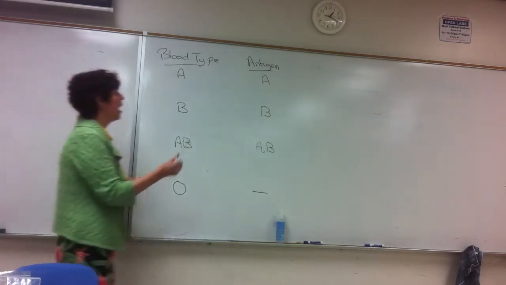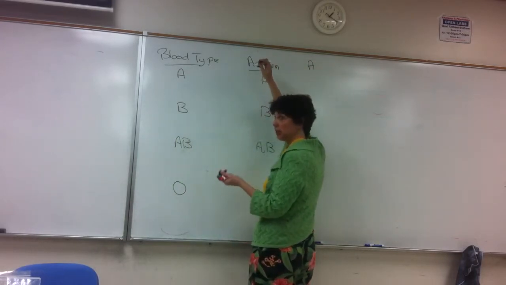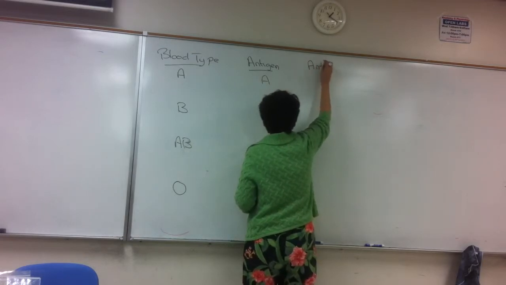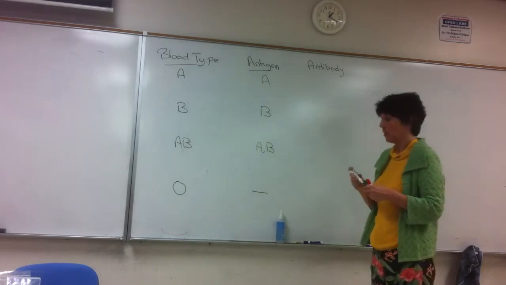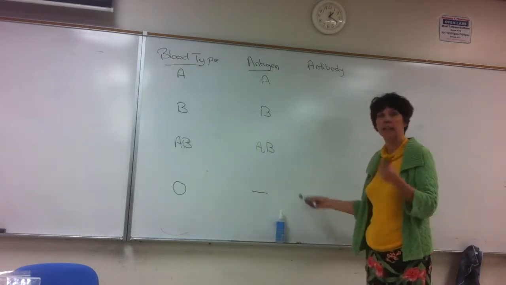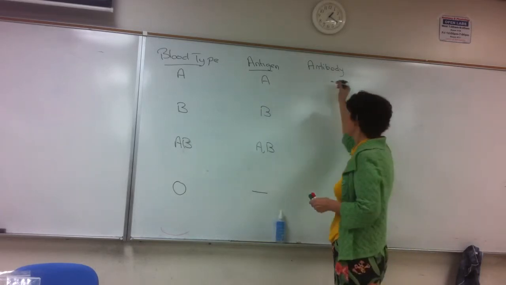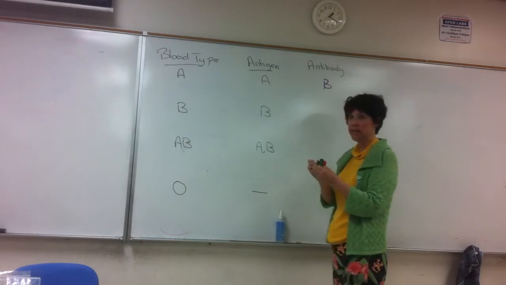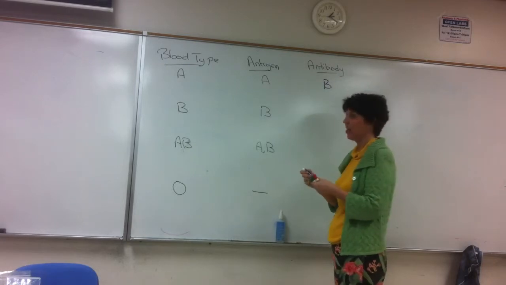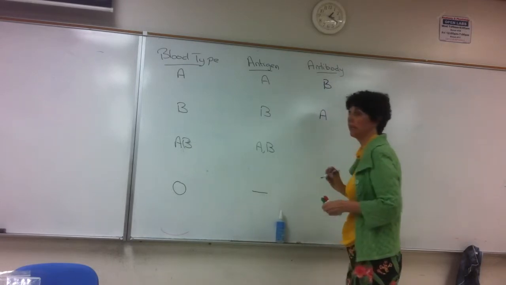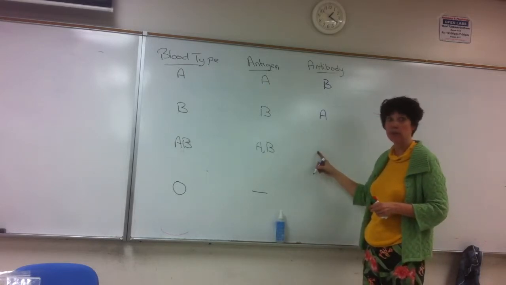Now, let's put up the antibodies. Also on your sheet, they're called agglutinins. So agglutinin and an antibody mean the same thing. The antibody is going to be the opposite of the antigen. All right, so if you have the antigen A, you're going to have antibody against B. If you have the antigen B, you're going to have the antibodies against A. If you have both antigen A and B, you have no antibodies.